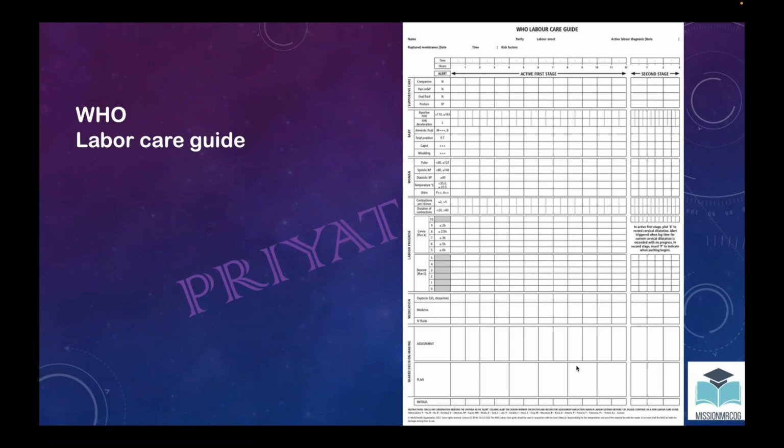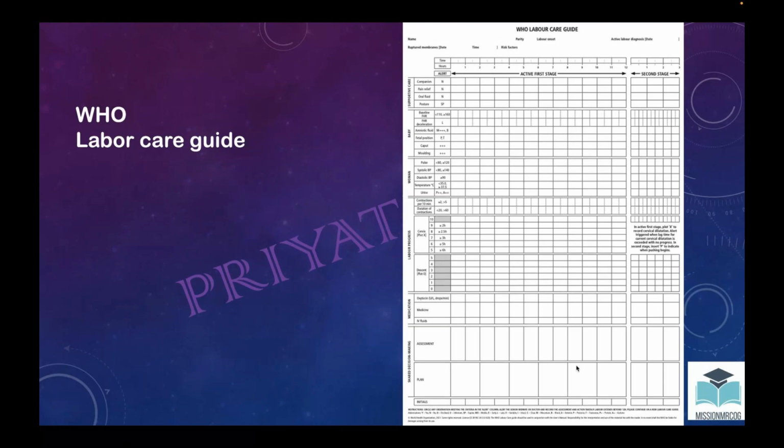If it's posterior or transverse, we have to be alert about it. As you know, caput is the swelling in the fetal head as it stays in the same position for a longer time. If it's 3 plus, then we have to be alert about it. Molding is overriding of fetal bones, and if it's 3 plus, then we have to be alert about it, and then we need to plan further care for her.